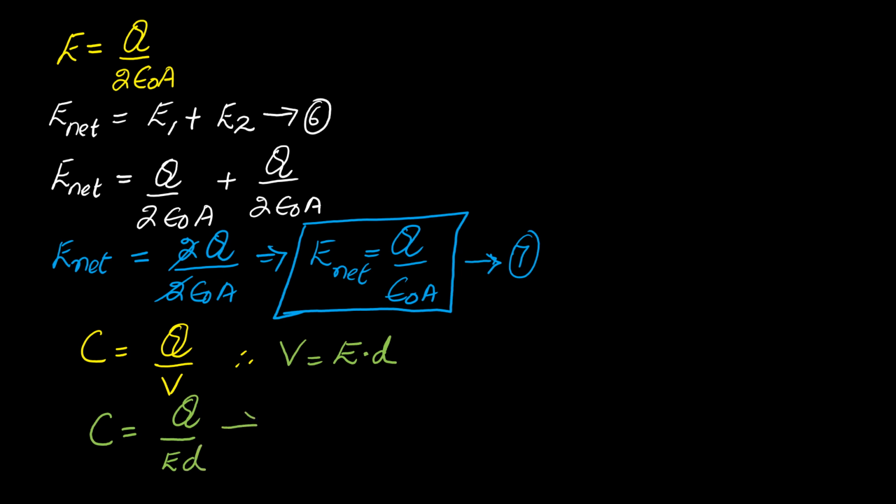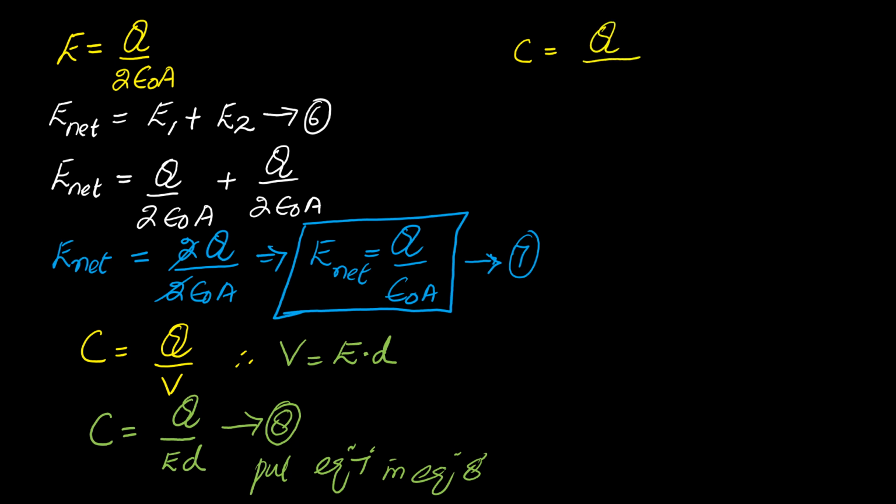Suppose that this is equation number 8. Now put equation 7 in equation 8. Then we get that capacitance C is equal to Q divided by, what is the value of E?